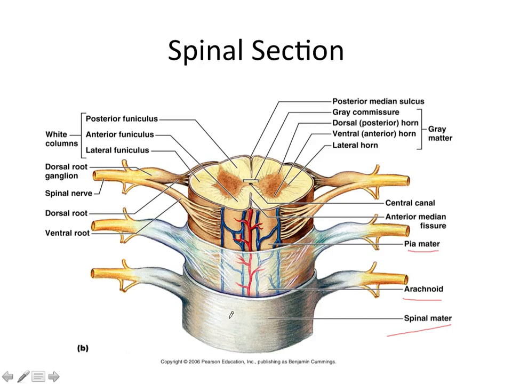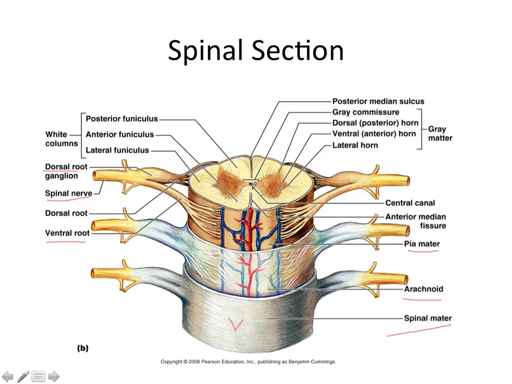This is the ventral view. The spinal cord sends out both ventral and dorsal branches, and these two branches unite to form the spinal nerve. The dorsal branch is called the dorsal root, and the ventral branch is called the ventral root.